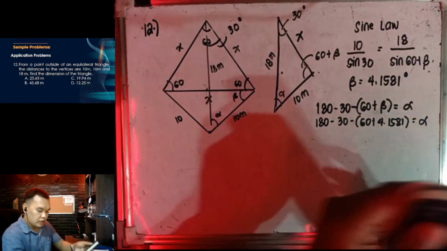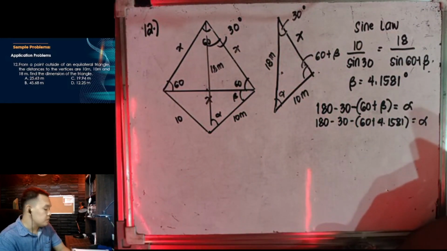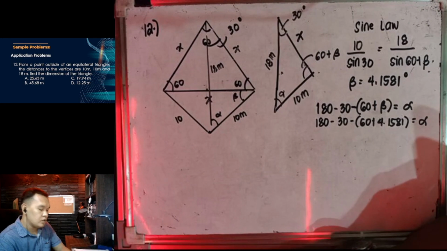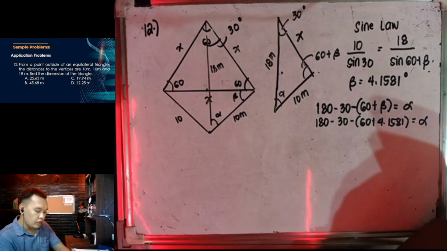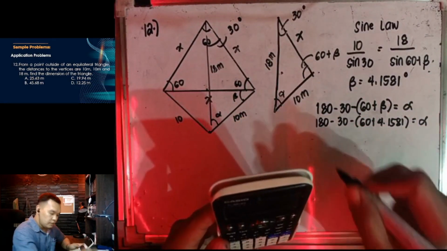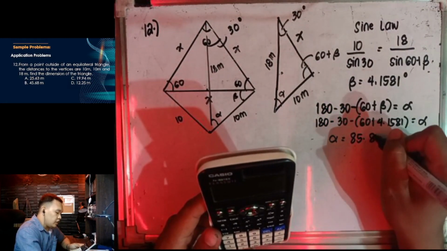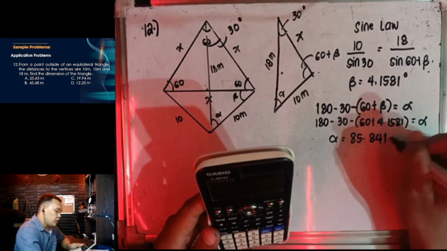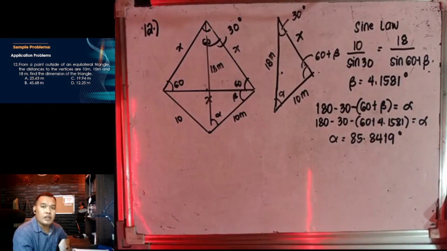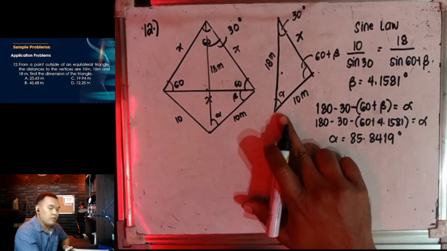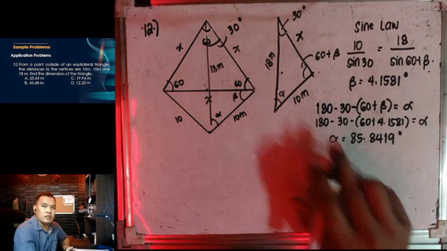So, we can compute that as 180 minus 30 minus 60 minus 4.1581. So, we have here angle alpha is equivalent to 85.8419 degrees.